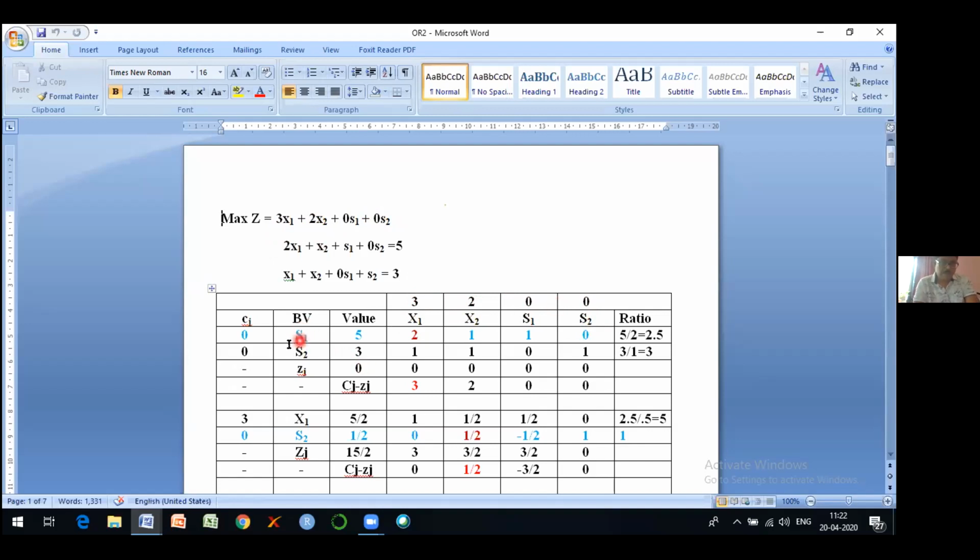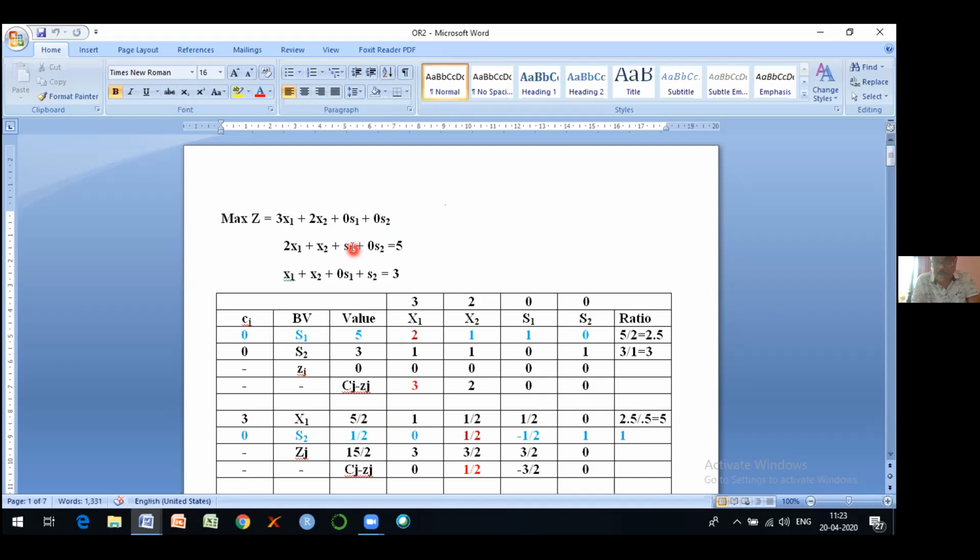Then come to the basic variable. What we have written: s1 and s2. Note down the rule. If in the linear programming problem both original variables and slack variables are present, x1, x2 being original variables and s1, s2 slack variables, then first we should give preference to the slack variables instead of original variables, right?